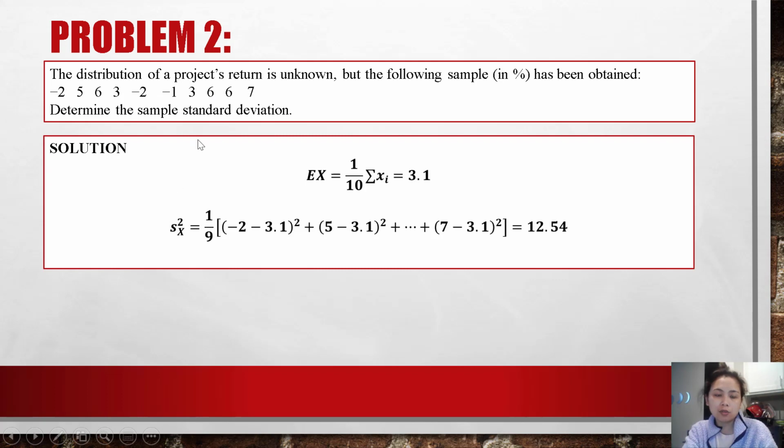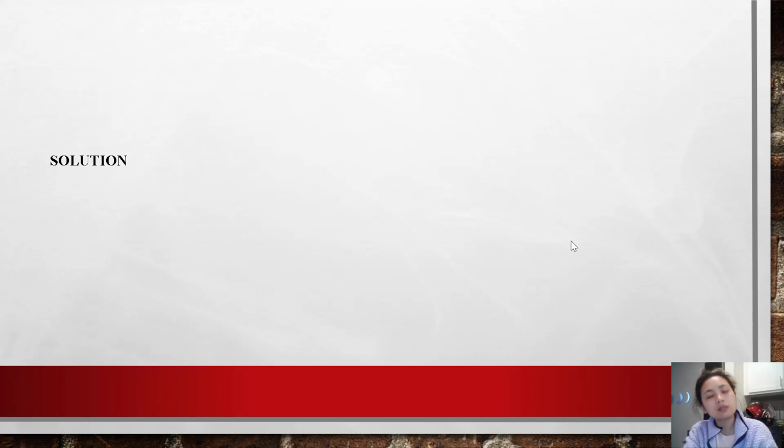For the sample variance we have to use n minus 1 in the denominator. For each of these numbers we subtract 3.1, take the square, and then add all the squares together. So the sample variance is 12.54. From here, we take the square root to determine the sample standard deviation, which is 3.5%.